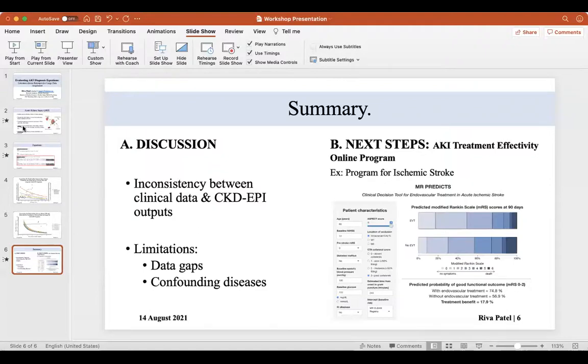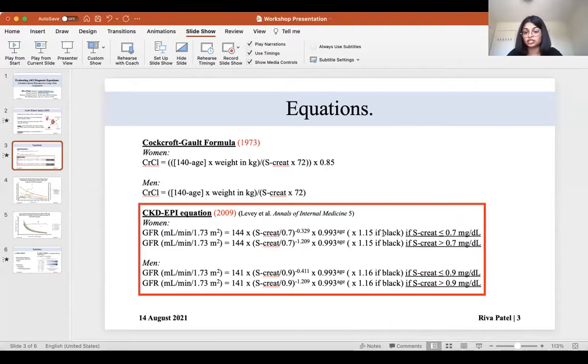So the correction factor, I could just share my screen and show the equation as a visual aid here. Sure. Basically what it shows is that if the patient is African American, then that 1.15 is multiplied into the equation to estimate GFR.